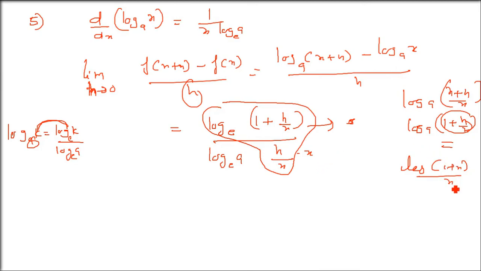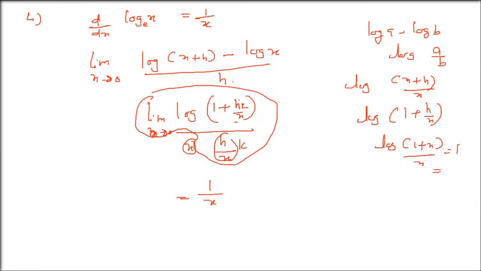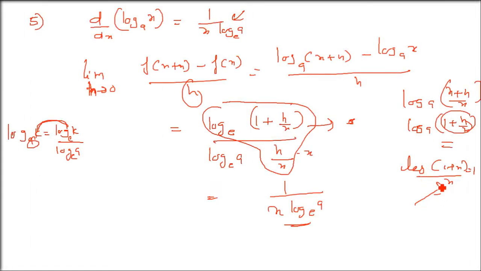What is in the denominator? Only log base e a remains. So this is the final result. Only one thing: the base was e in the fourth, and in the fifth the base is a, not e. So you have to convert it into e first, then you will get the final result.